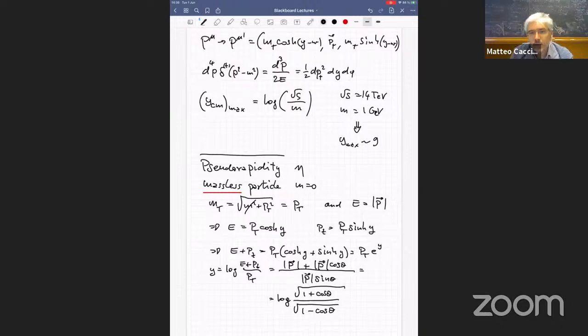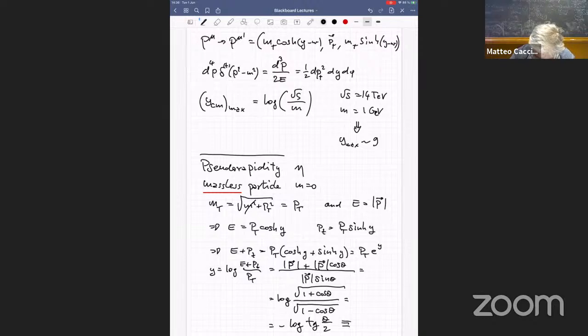And using now the formulas for the half angle sine and cosine with respect to cosine theta, you can rewrite this as minus log tangent of theta divided by 2.